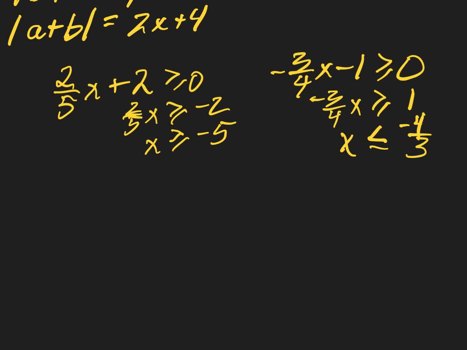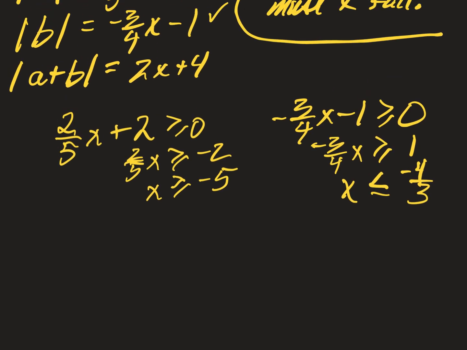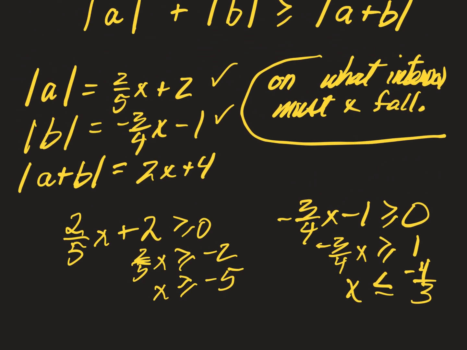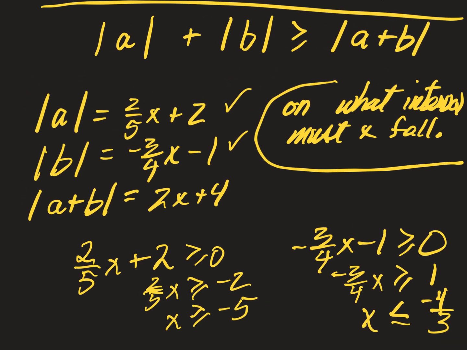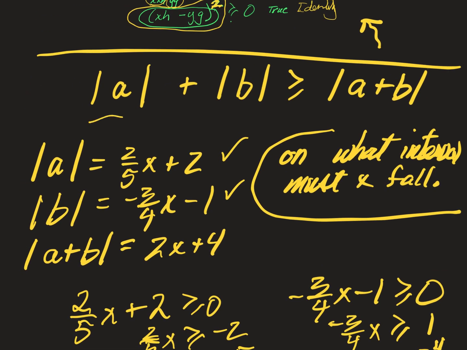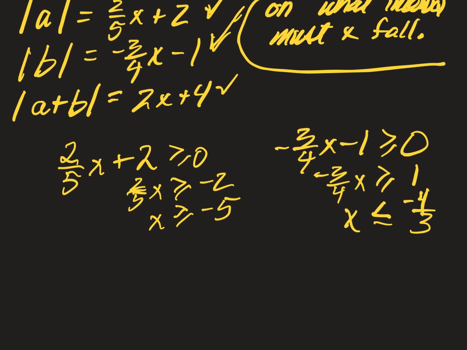And then the third requirement is that the sum of the two individually is greater than the modulus of the sum. That's actually the triangle inequality. So we're going to add this one and this one, and it's going to be greater than or equal to that one.